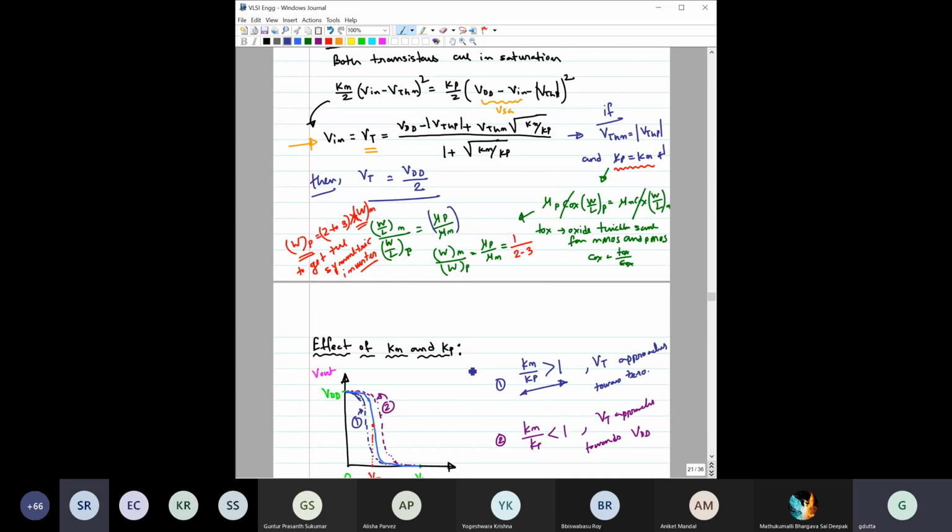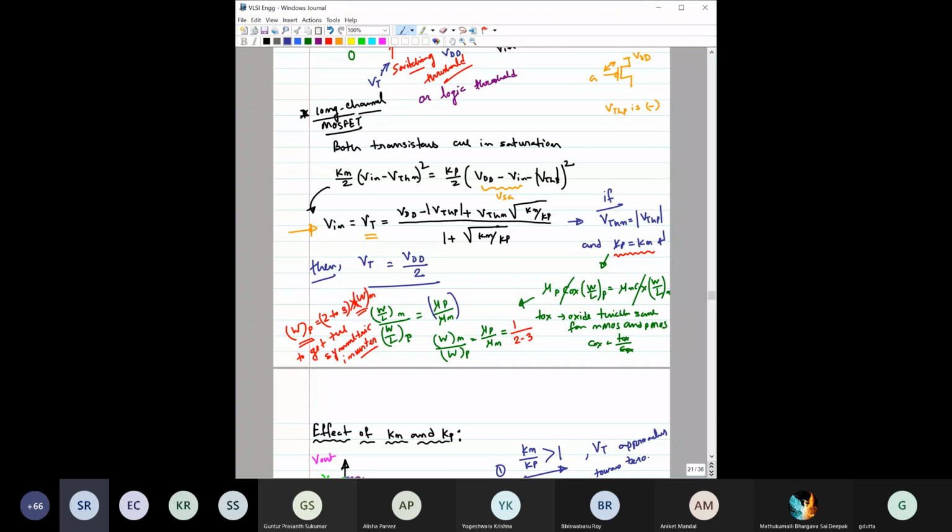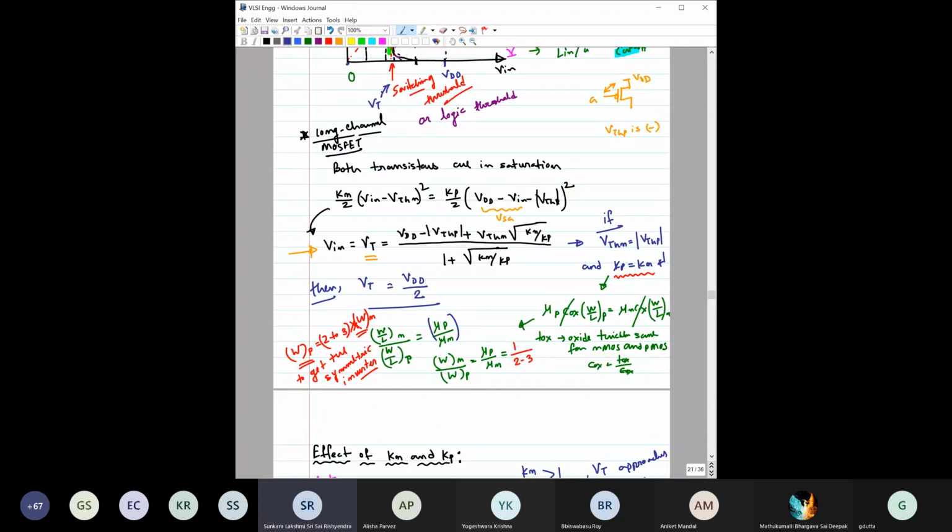Here Cox should be epsilon oxide by thickness of oxide, right, sir? Yes, correct. Please do it correctly. I don't know why I made this mistake. So Cox equals epsilon ox by T ox.